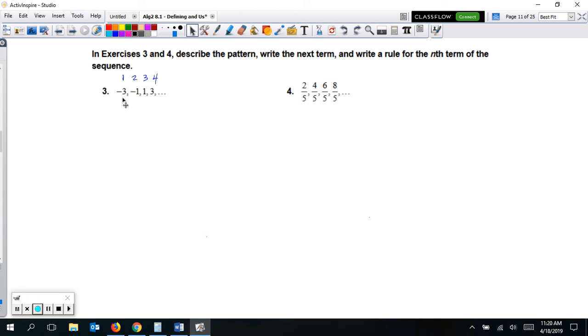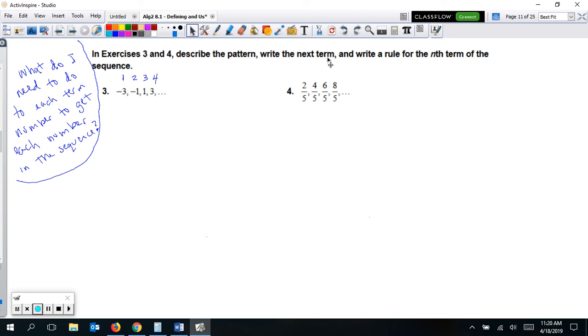So does that work with this one right here? If I just subtract 4, do I get -1? And I don't. So it's more than just that. So you have to really think this through. Do something here where you can do the same thing to 2 and get the -1, and the same thing to 3 and get the +1. So that's what I wrote down over here.